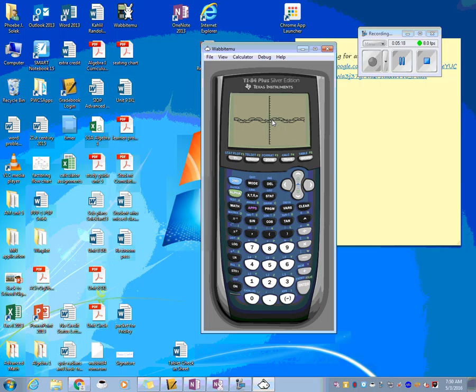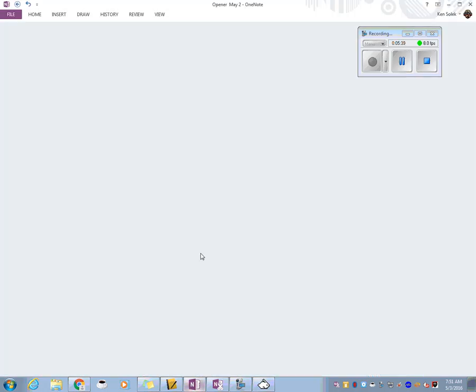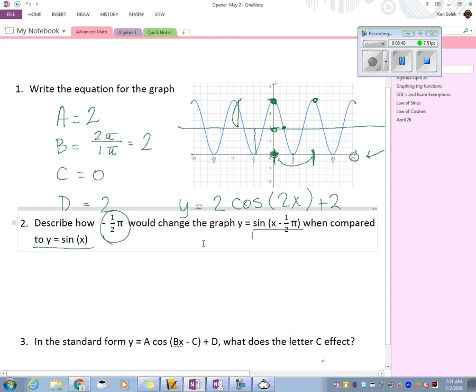Or pi over 4, right? Yes. So that shifted to the right pi over 4. And that's what you need to write. Okay, there is a shift. Now there is more than one correct answer, as long as you're describing it correctly.